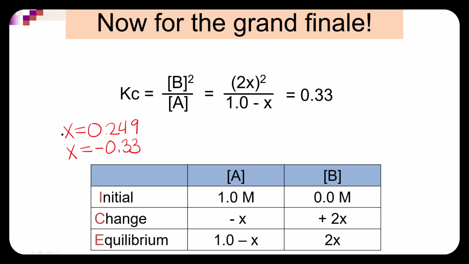So the value that we solve for gets plugged in here at the equilibrium. Okay. Once we plug in x, we say x minus 1. Once we plug in x, we say 2x, and that will spit out the value of our products and reactants at equilibrium. Now, which one of these does not make sense?